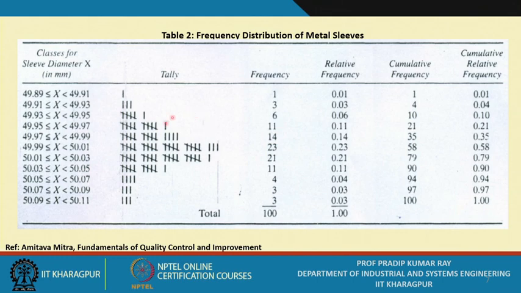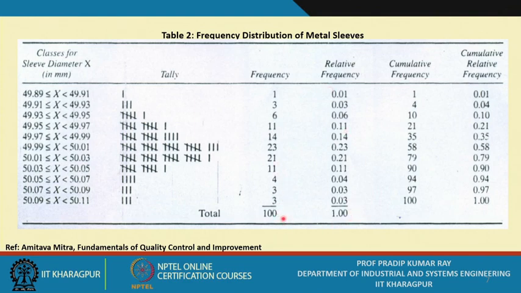Is it okay? So these are the tally marks we have. That means you now refer to the data set and check how many data points you have within this interval, this interval, this interval and so on. This is referred to as the frequency. You have 100 data points, so this is the distribution. And then the relative frequency means the count divided by 100.